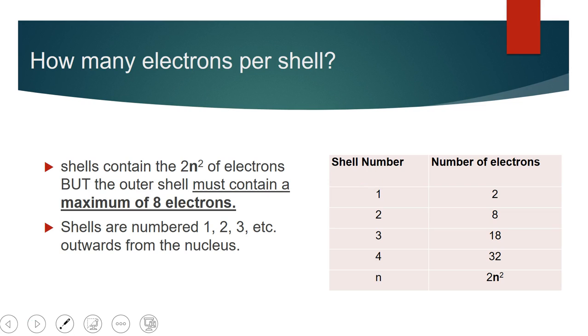So for shell number 1, n squared is 1 squared, which is 1, times 2 gives us 2. For shell 2, 2n squared is 2 times 4, which gives us a maximum of 8 electrons. For shell 3, we can hold 18 electrons, and shell 4 up to 32 electrons. And this goes on for any value of n, with 2n squared being the maximum number of electrons. We don't have an infinite number of shells though, as we'll see when we look at the periodic table.